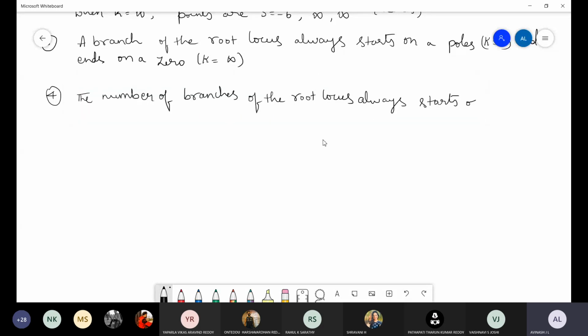Number of branches of root locus is always the greater number among poles and zeros. So here P equal to what?